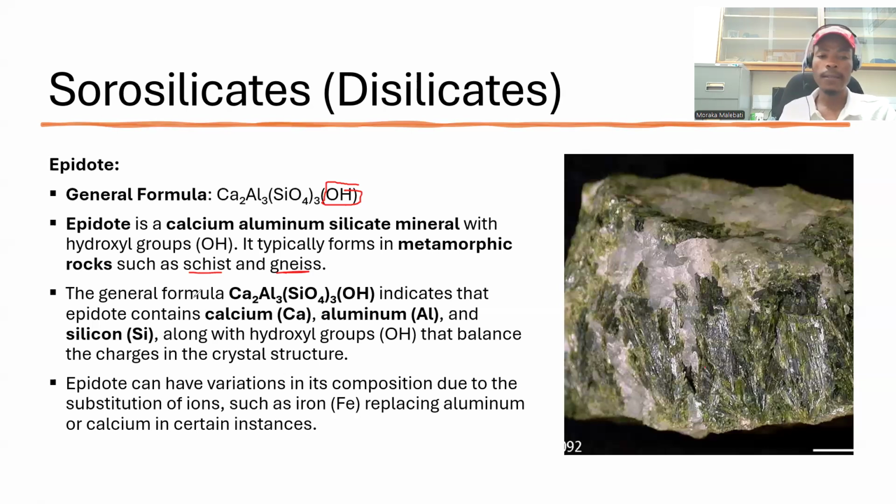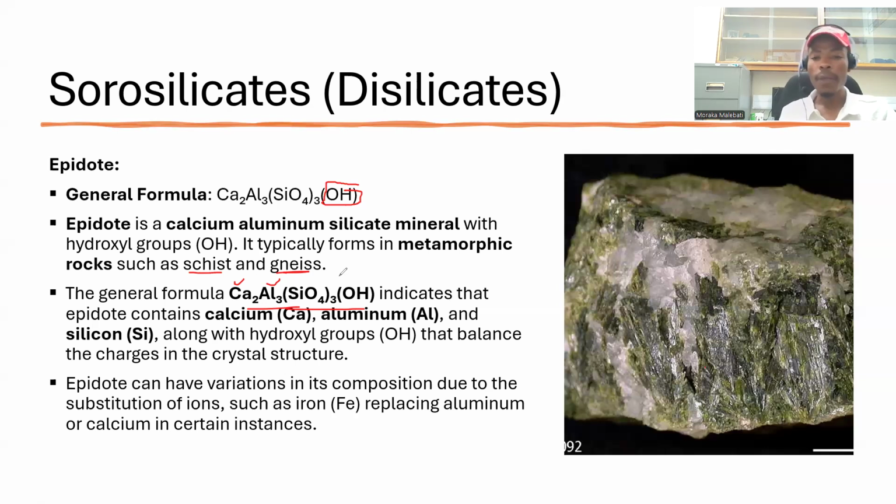This general formula indicates that epidote would obviously contain calcium and aluminium, and then silicon and oxygen, which we are not surprised about because it's from the building block, the silicon tetrahedra.